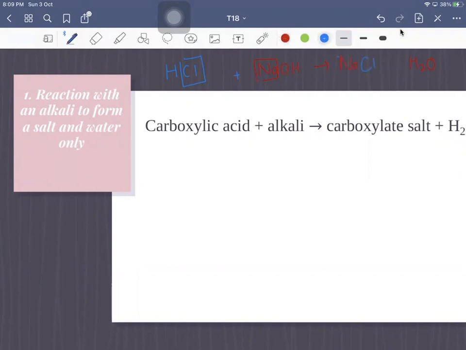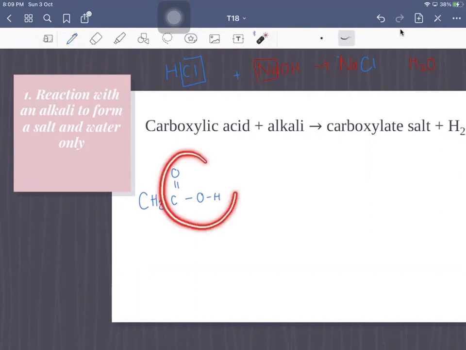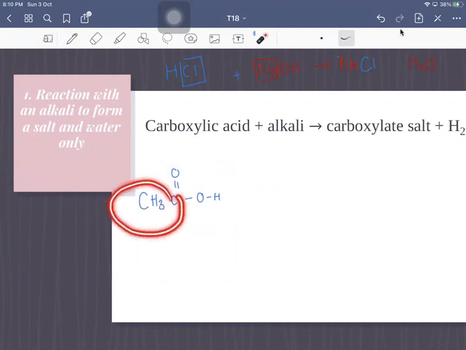Whereas if we're looking at an organic acid, which is a carboxylic acid, I am going to use ethanoic acid as an example, CH3COOH. I'm just going to focus on the COOH part because that's the functional group and that's where the reaction is happening, whereas the rest of the molecule, the hydrocarbon tail, will stay unchanged.